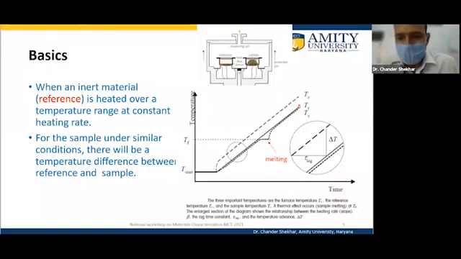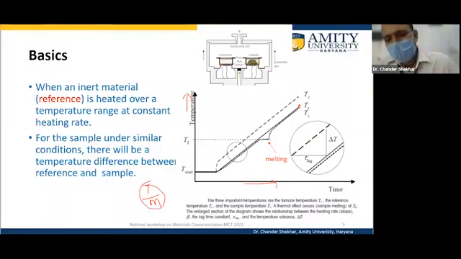So this black solid line represents the temperature of this inert sample on the y-axis as a function of time. Now, the heating rate means the change in temperature per minute or per second. So this is the heating rate.